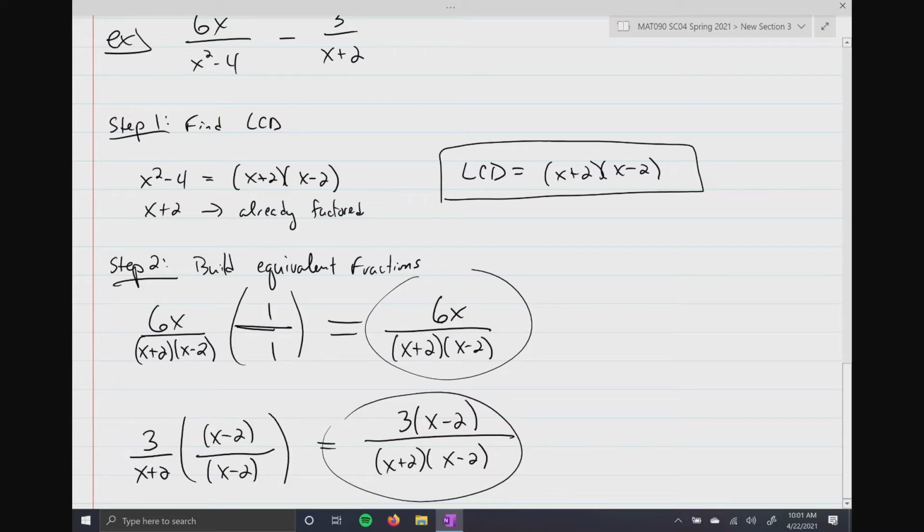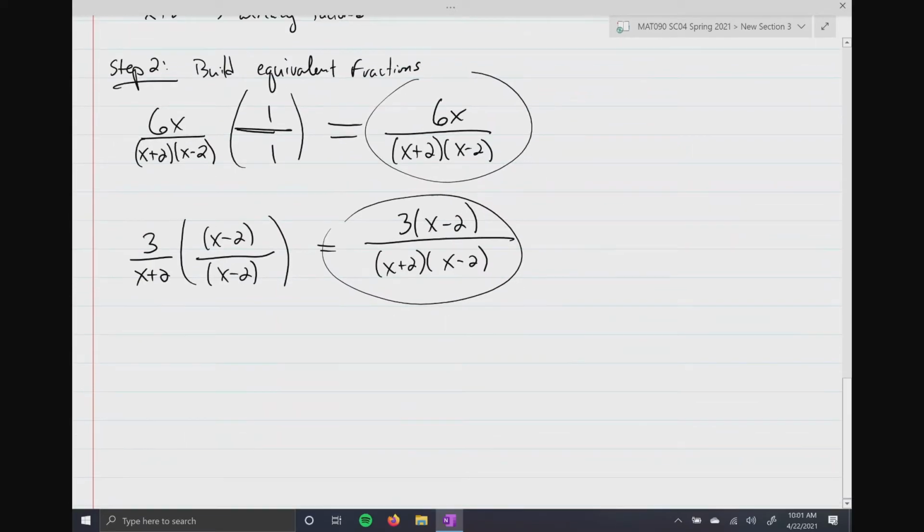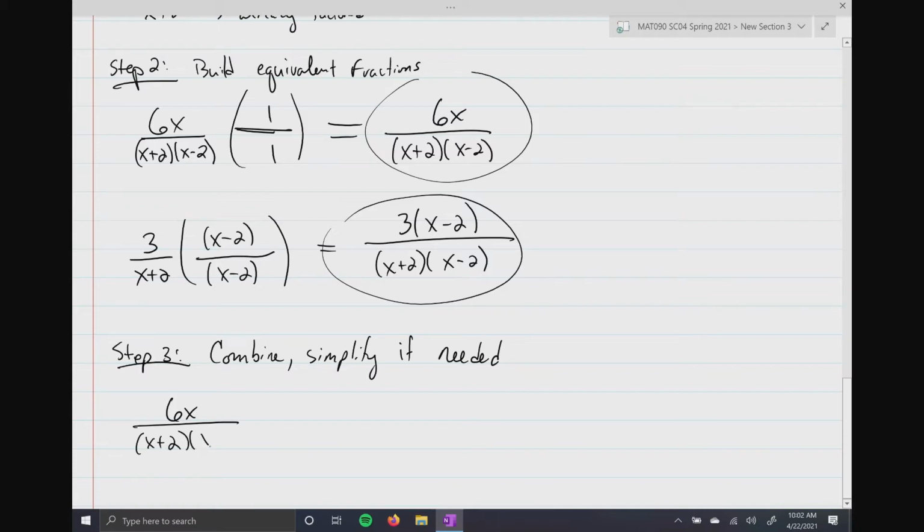All right. Step 3, which is our last step. We're going to combine and simplify if needed. So all I'm going to do is just rewrite with equivalent fractions. 6x over x plus 2 times x minus 2, minus 3 times the quantity x minus 2 over x plus 2, x minus 2.